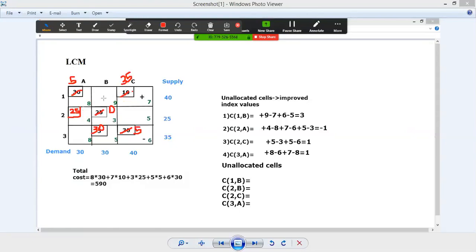So let's start the loop from here. Land onto this occupied cell. Again land onto this occupied cell. Again land onto this occupied cell. Again come back to the same original position. So alternatively, we need to assign plus and minus symbols for all corners of the loop.